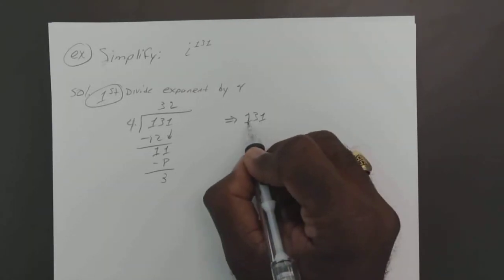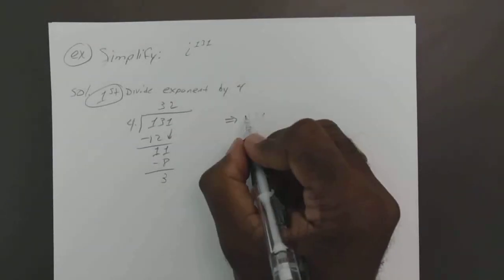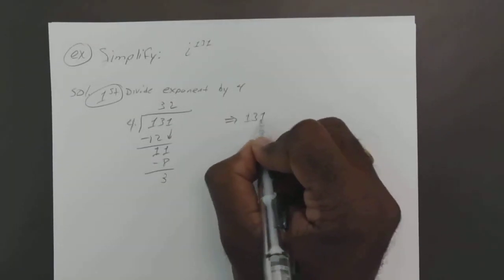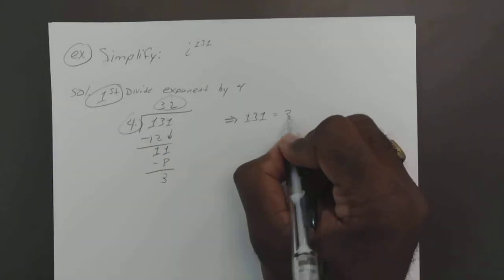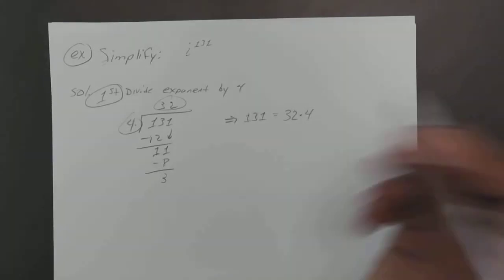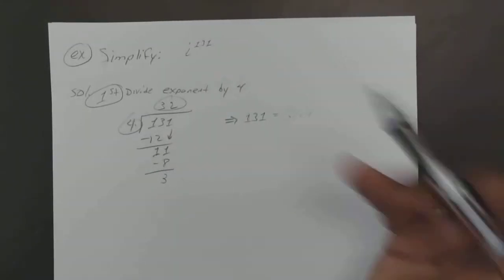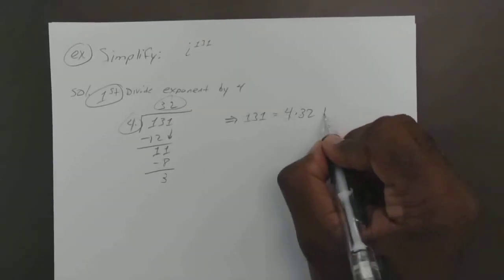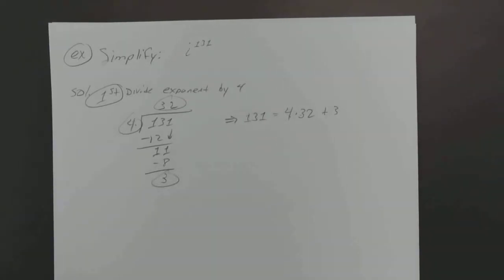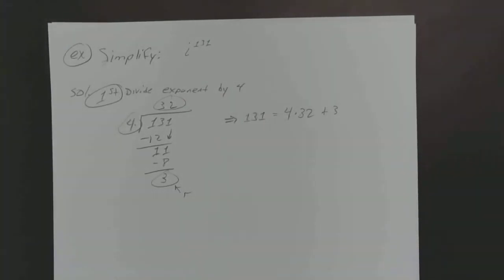So that means that 131 is equal to 32 times 4, or 4 times 32, doesn't matter. I'll switch them around just to stay consistent. 4 times 32 plus 3, plus a remainder.